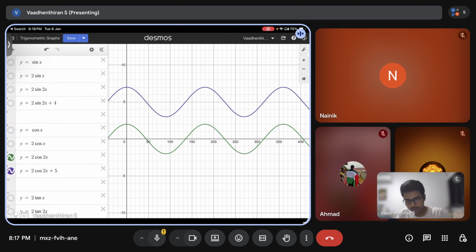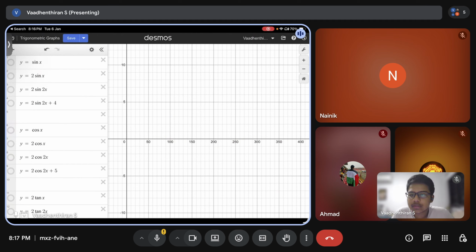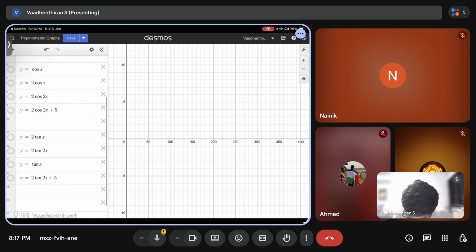That's what plus 5 indicates. Any doubts till sine and cos graphs? If no, we can move on to tan. Okay, considering no replies, I'll just move on to tan.